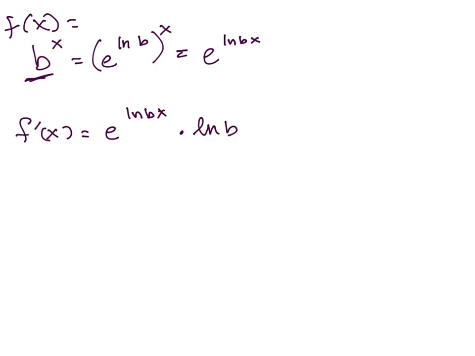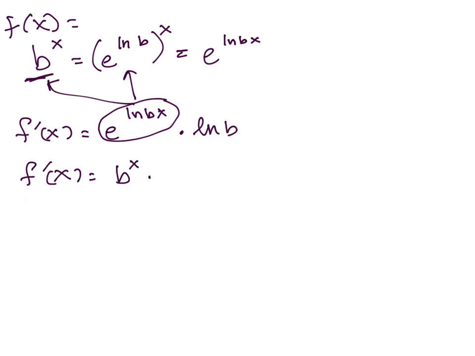Okay? And so we could rewrite that. Remember that e to the natural log b is just b, right? Didn't we say that in the very beginning? If I'm looking at this, the rewrite on this information is to call it b to the x. So b to the x natural log b. That is the derivative of b to the x. Okay.